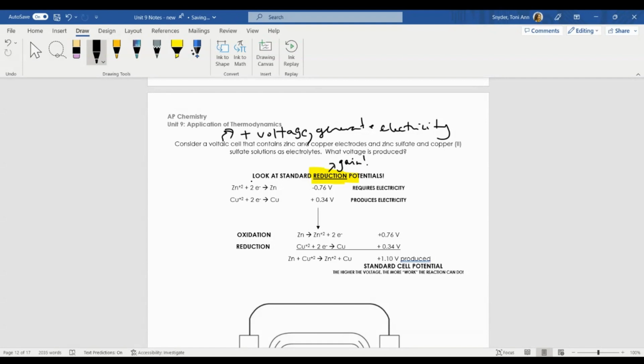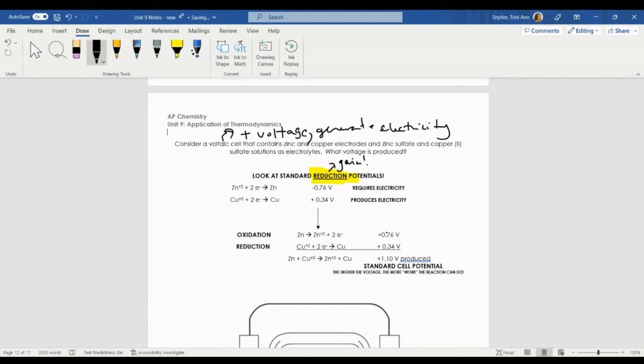Because if I flip this reaction to oxidize zinc, so look right here, I flipped that first reaction, and just like we've been doing, Gibbs free energy, entropy, enthalpy, right? When you flip that reaction, it changes the sign of whatever you're dealing with, okay? Except equilibrium constants, they're a little bit different. You don't just flip the sign there. I think it's 1 over, okay?